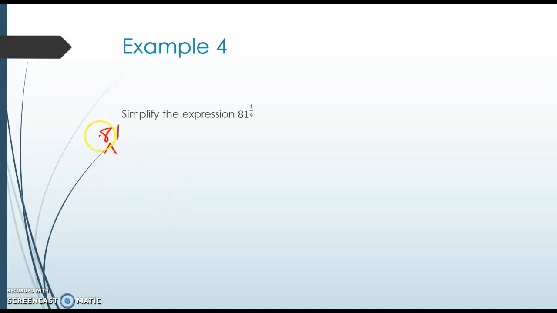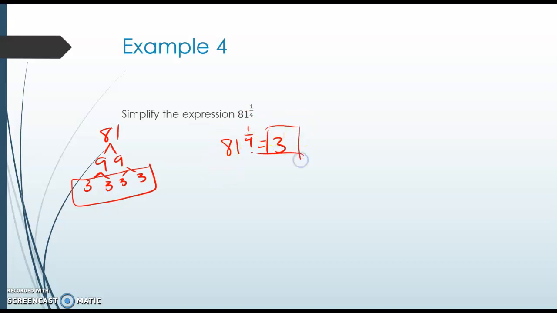Well, I know 81 is 9 times 9, and each of my 9s are 3s, and look how many 3s there are. There are 4 of them. So 81 to the 1/4 power is 3. That's the answer, 3. And this is where our prime factor trees can help us out.